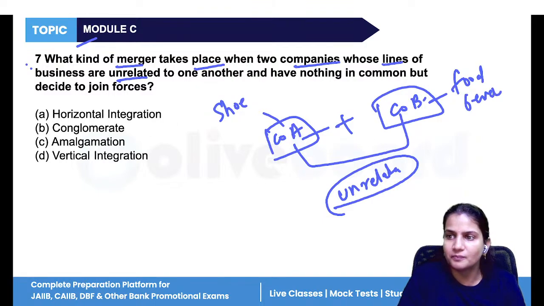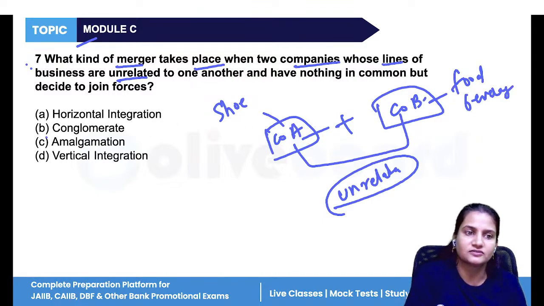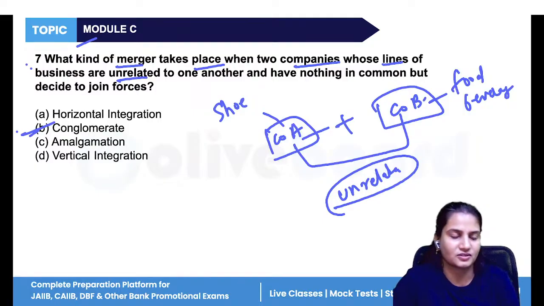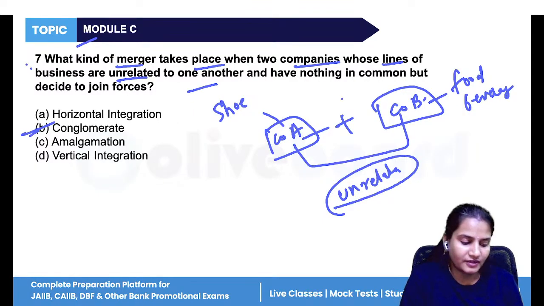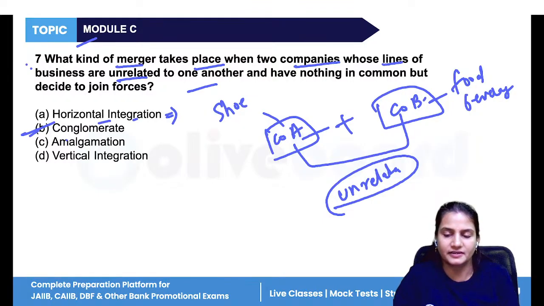If these two companies are merging together, that is called a conglomerate merger. All right, when these are not related to each other. Now, when two companies are related to each other, like they have the same type of business, that comes under horizontal merger or horizontal integration.